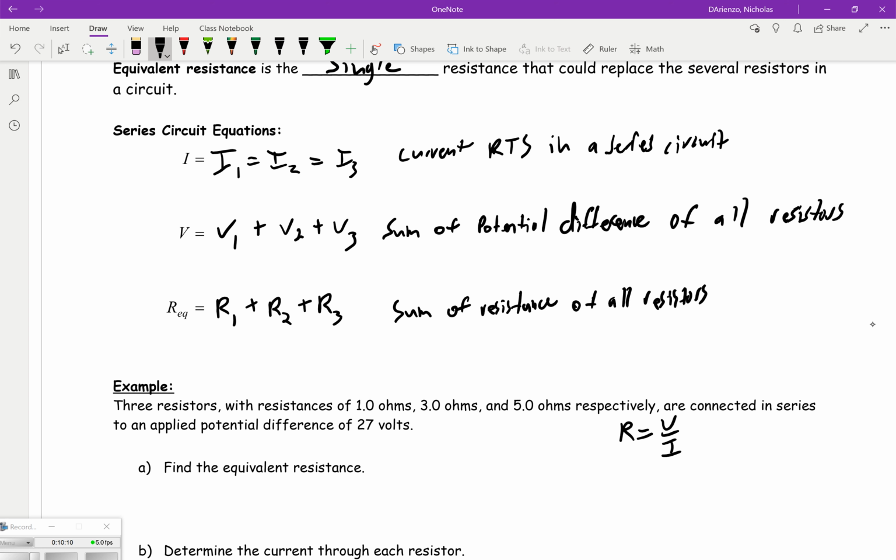I'm going to rearrange this because in the circuits here, the current is equal to the voltage over the resistance. And this is the one I seem to use. We could use this in any form, but this one is good to use for series circuits.